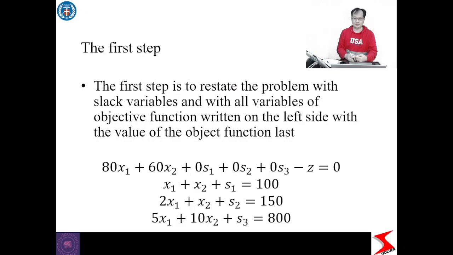The first step is we try to restate the problem with the slack variables for the 3 different constraints, and all variables of the objective function we need to move from the right hand side to the left hand side, like this one.